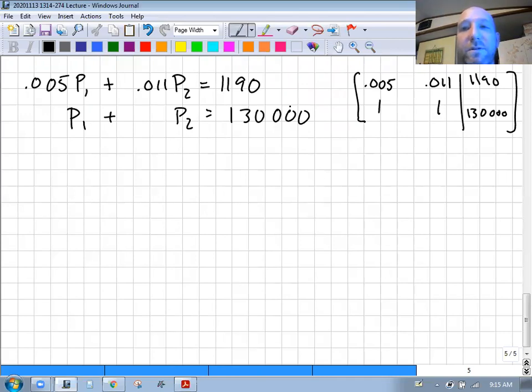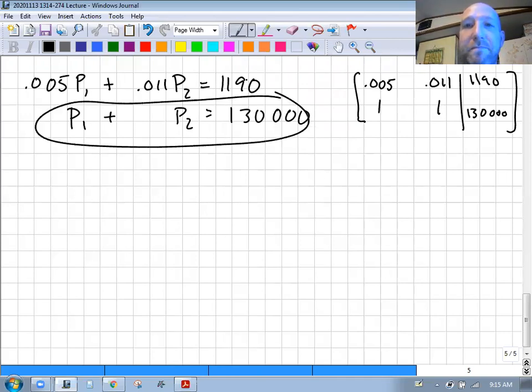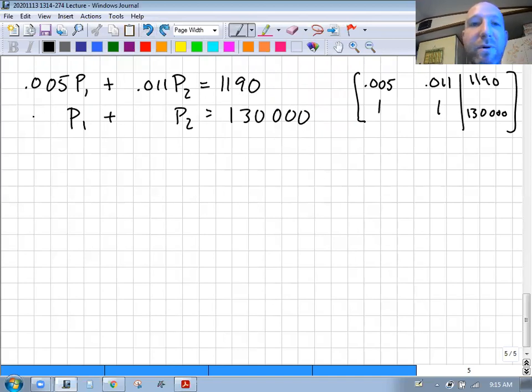So let's see, if we took this guy, multiplied it through by 0.005, 130,000 times 0.005 becomes 650.